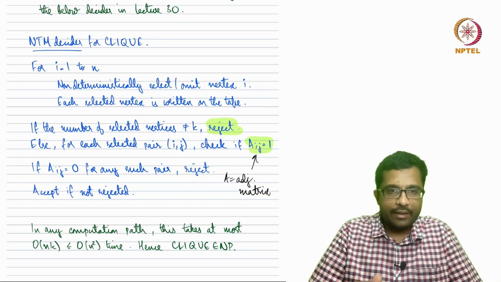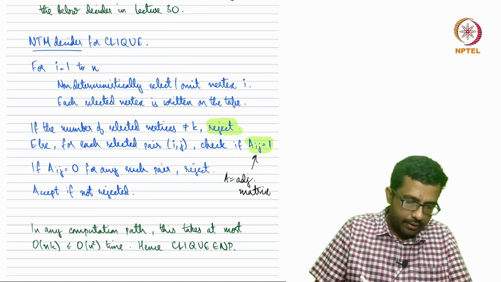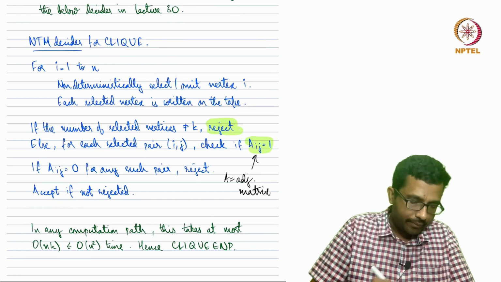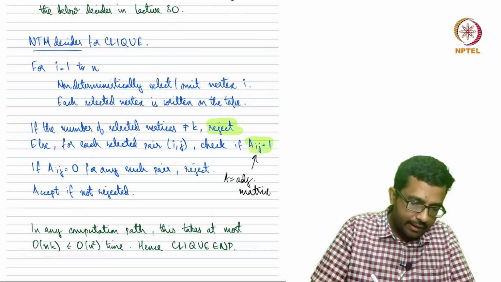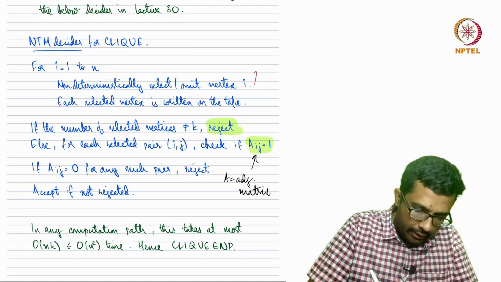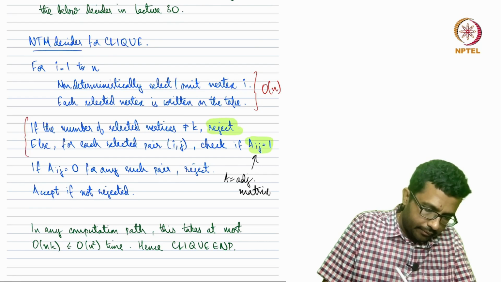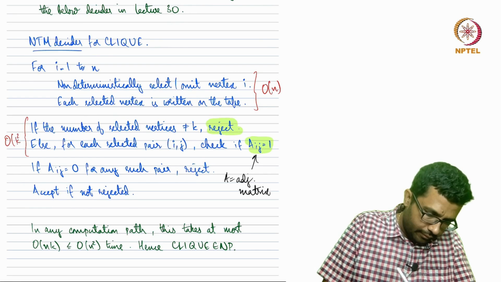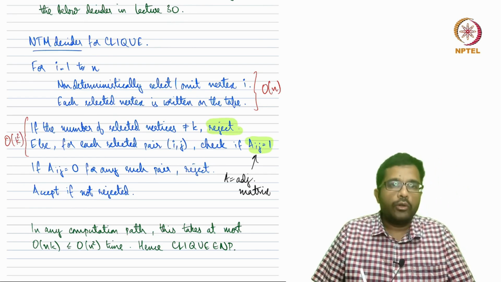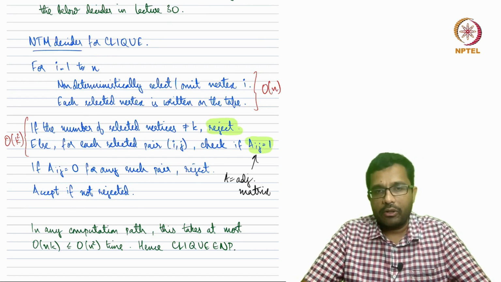Hence this whole process takes at most order n squared time, right? So this takes order n time, maybe I'll mark that here, and this takes order k squared time. The time complexity of this entire process is order n squared, which is polynomial.